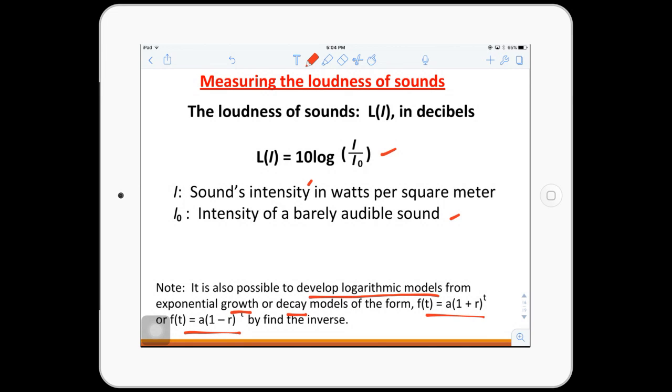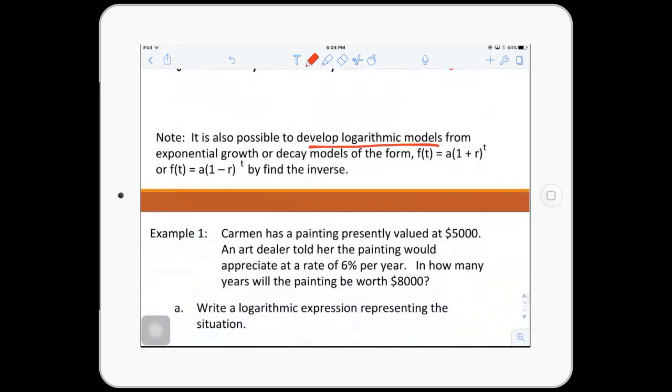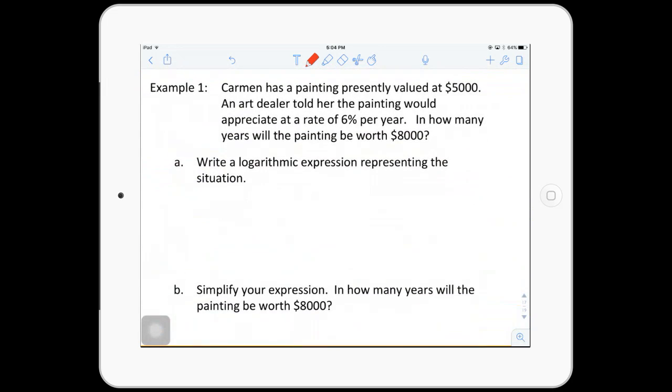So we have f of t equals a times 1 plus r, to the t. These are used to solve problems like interest rates, growth and decay with money.